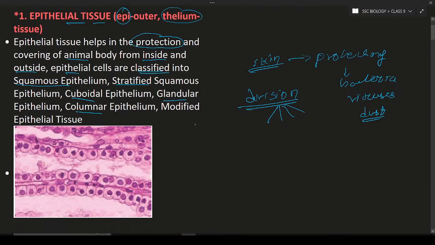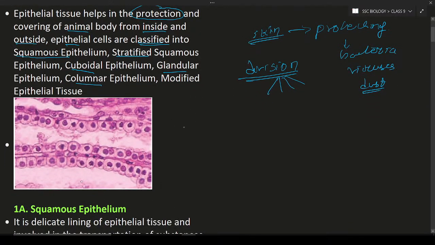Here is a diagram of the epithelial tissue. If you take a small cross section of any tissue, let us consider the skin, you will see a small disc-like structure.